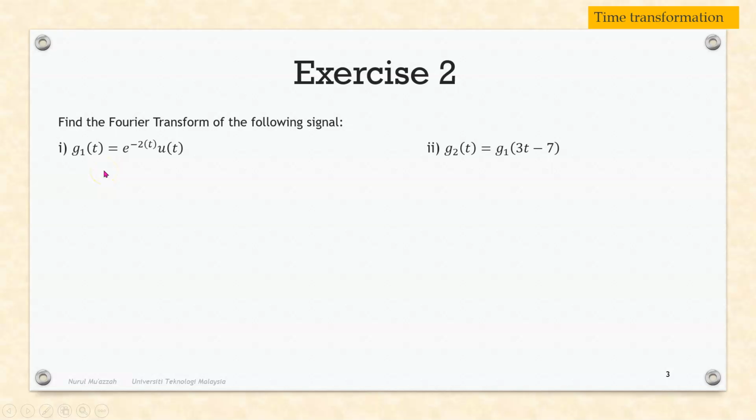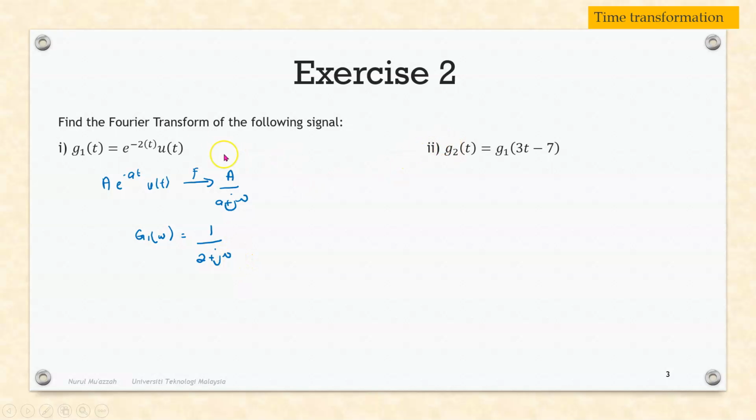You find from the table that the pair for the exponential function multiplied by the unit step function is A divided by a plus j omega. So g1(omega) is equal to 1 divided by 2 plus j omega, because capital A here is 1 and small a here is 2.